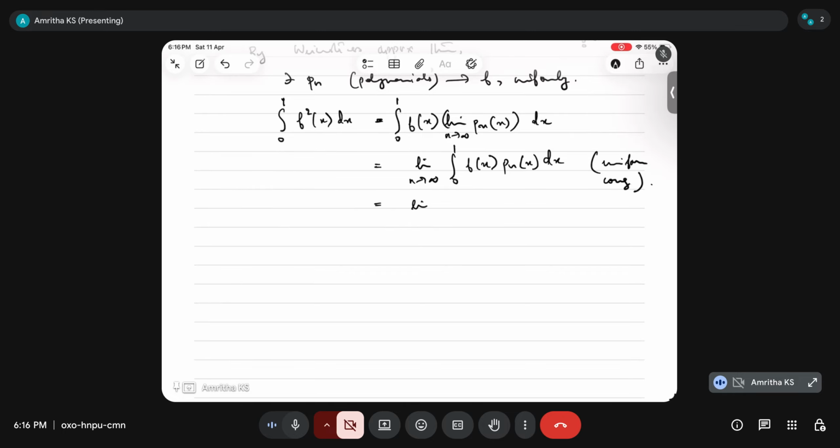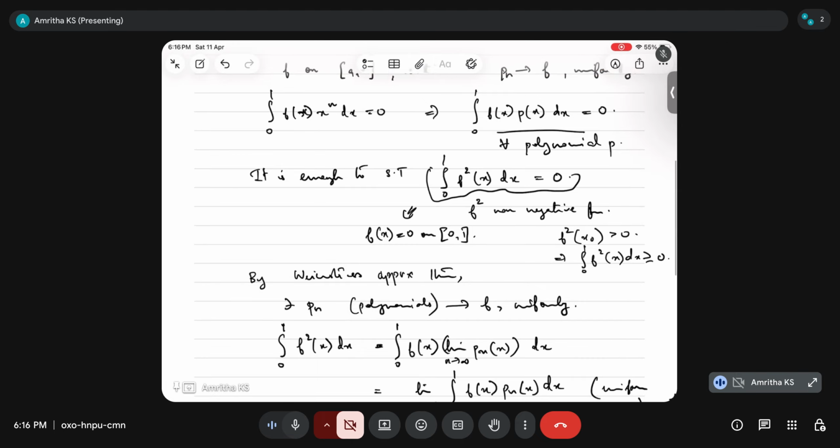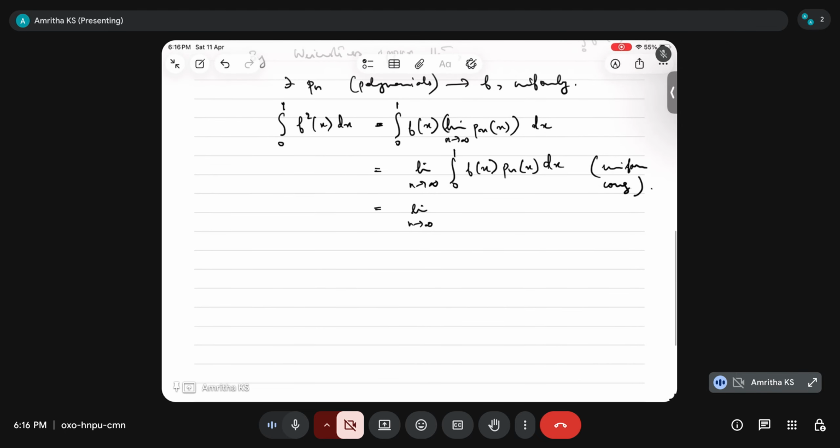We have already observed that this integral is 0, and therefore this is 0. Therefore we see that this integral is 0, and therefore f(x) is 0 on the whole interval.